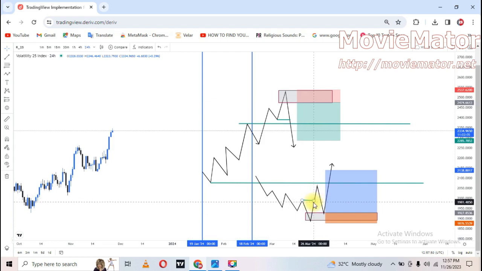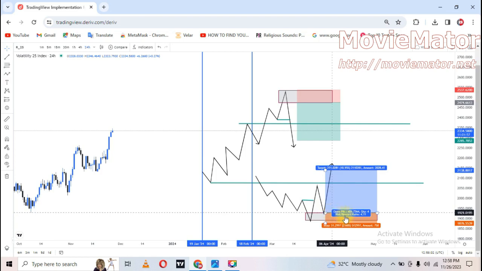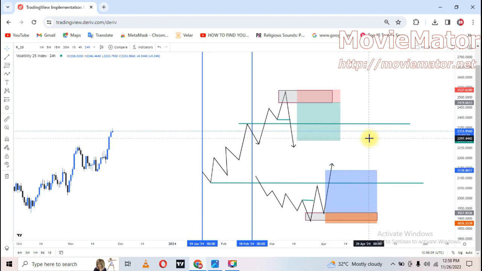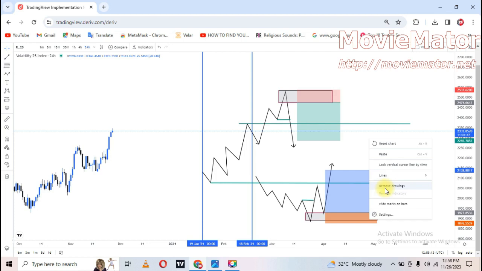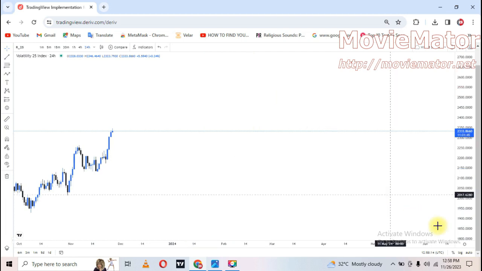When we talk of displacement, I'm talking about a fair value gap, right? We'll take our entry from either the order block or the breaker block here, and then we will still target a 1:3 risk reward ratio. I hope I'm making sense. So now let's go to the chart. Let me delete these guys and then we move on to the chart.